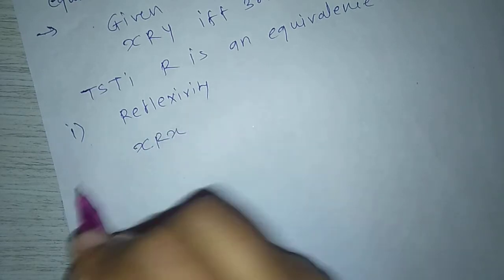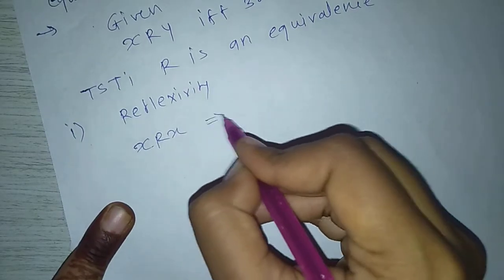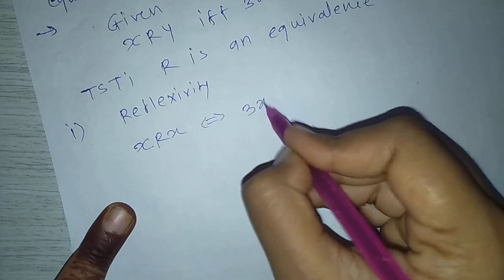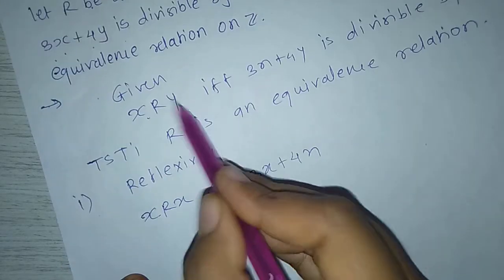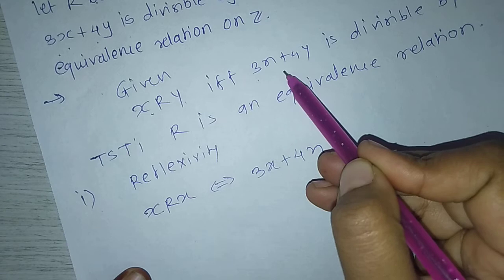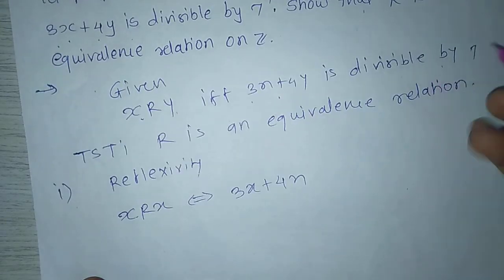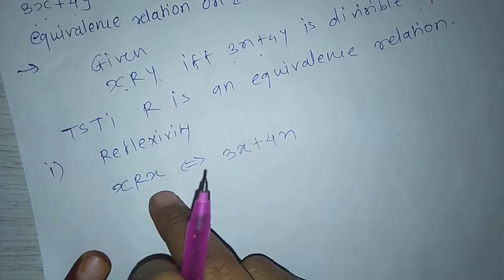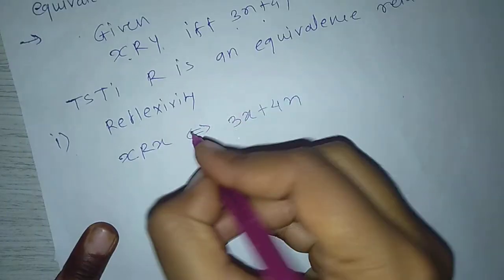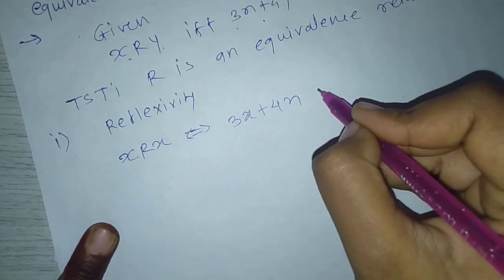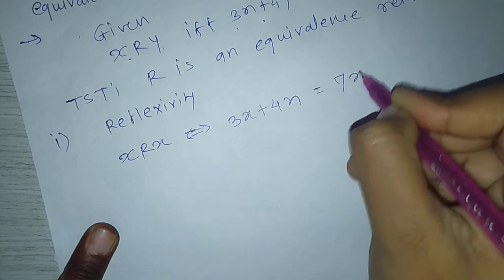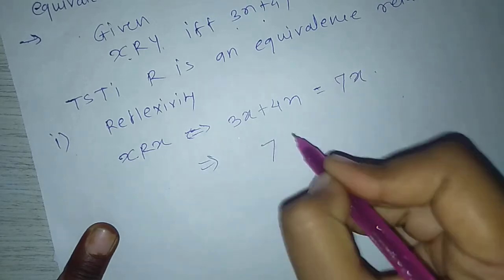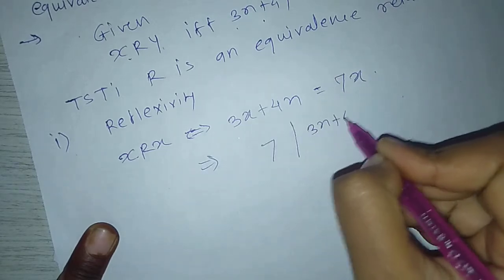x relates to x means 3x plus 4x. x relates to y means 3x plus 4y is divisible by 7, and x relates to x means 3x plus 4x equals 7x, which implies 7 divides 3x plus 4x.